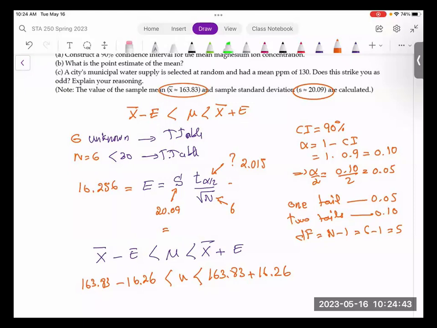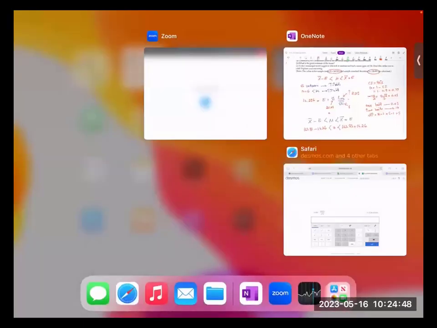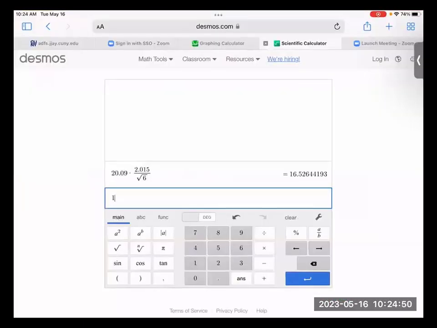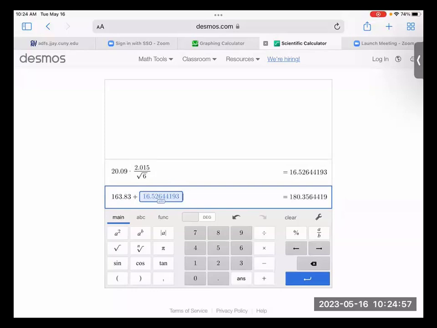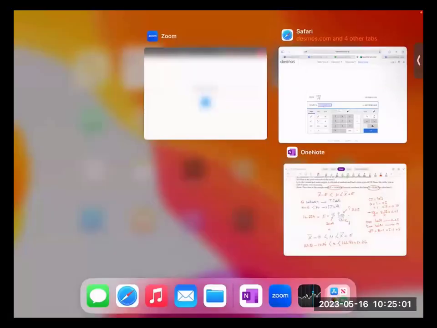Okay, so there are too many numbers, 163.83, $180.36.